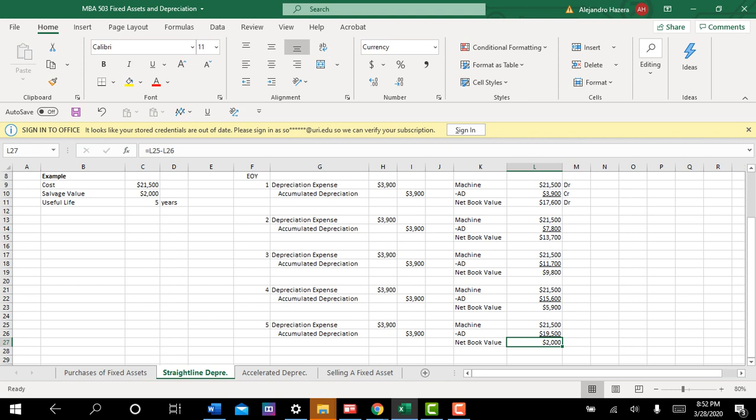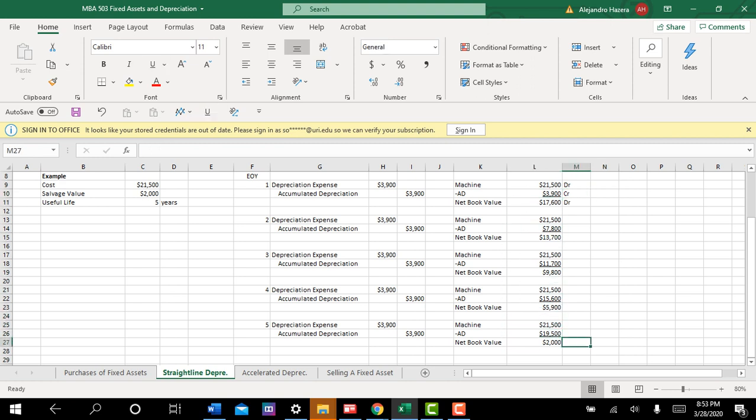It is not by coincidence. As a rule, when you finish using up a machine or any depreciable asset, the final net book value must be equal to the salvage value. So that 2,000 right there, the salvage value, is equal to the final net book value.